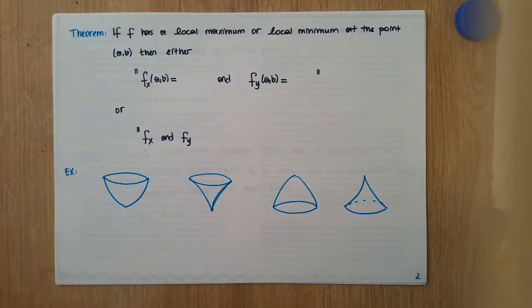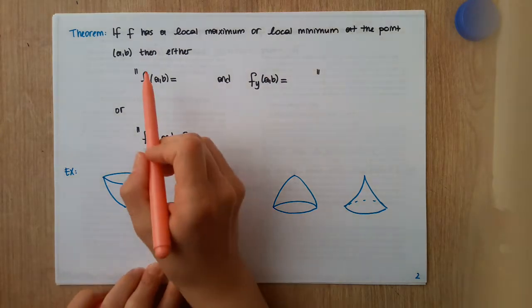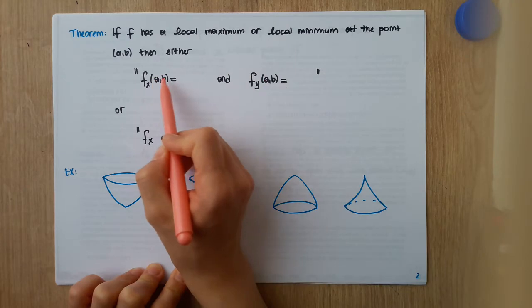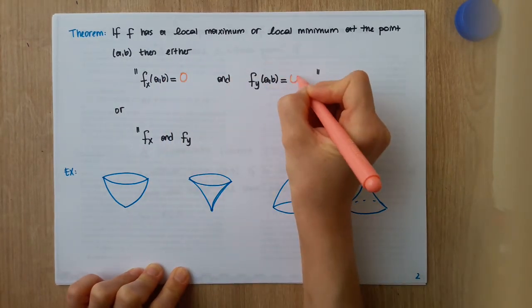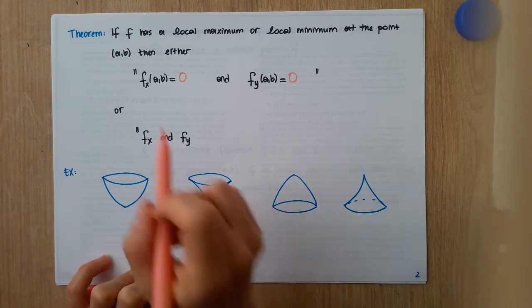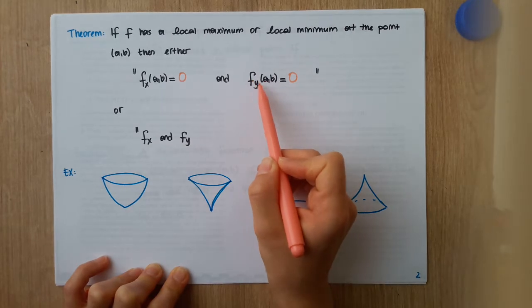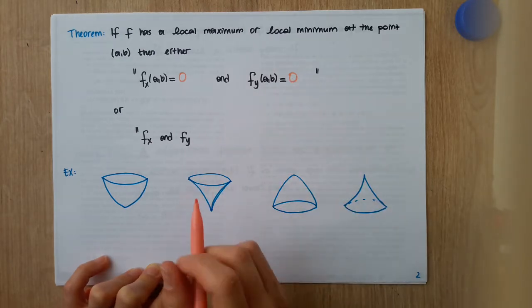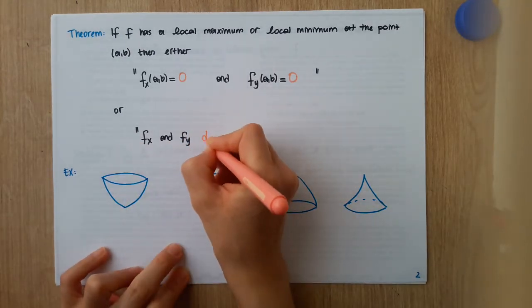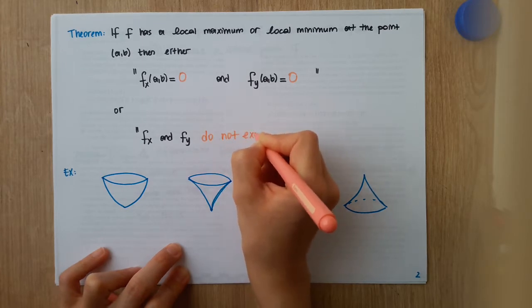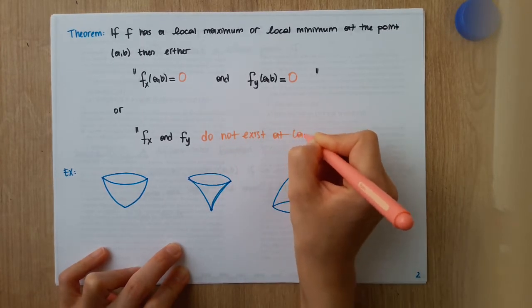If f has a local maximum or local minimum at the point (a, b), then either the first partial derivatives at (a, b) equal 0 at the same time, which means the first partial derivative of f with respect to x at (a, b) and the first partial derivative with respect to y at (a, b) are 0, or these partial derivatives do not exist at (a, b).